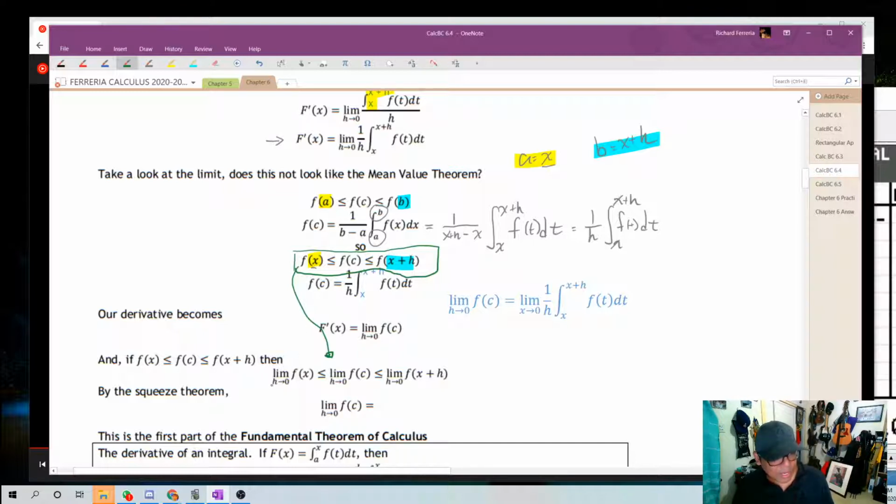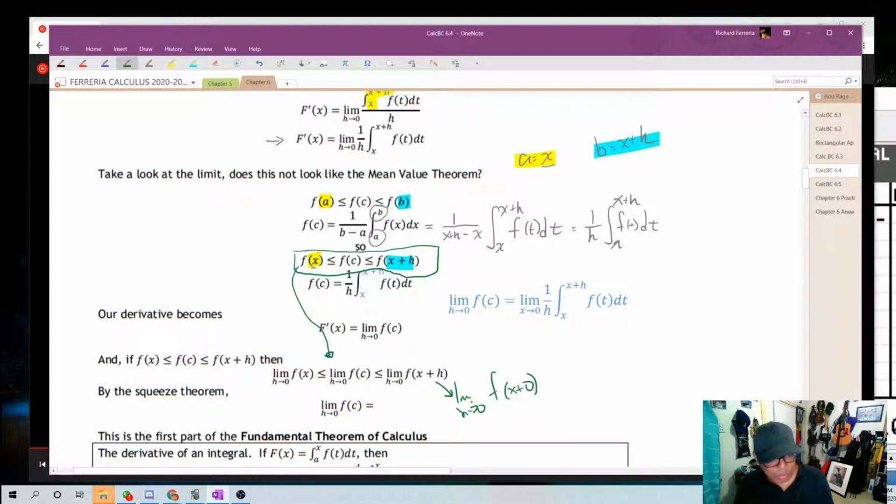You've got the limit as h approaches 0 of f of x on the left side. On the right side, you've got the limit as h approaches 0, and if h approaches 0 on the right side, this becomes the limit as h approaches 0 of f of x plus 0, well, really f of x.